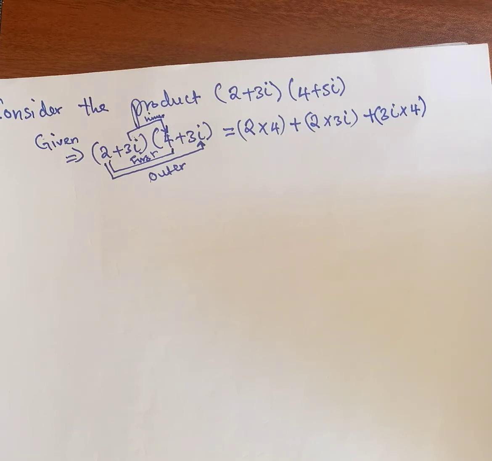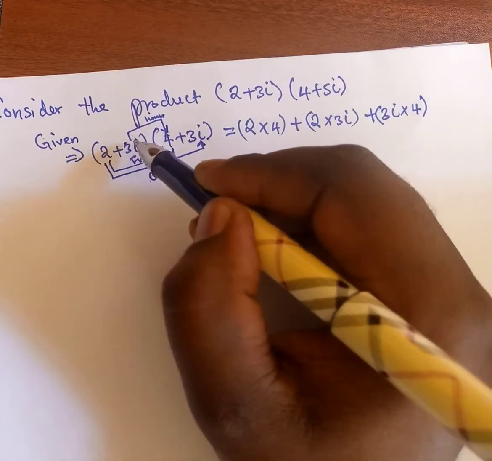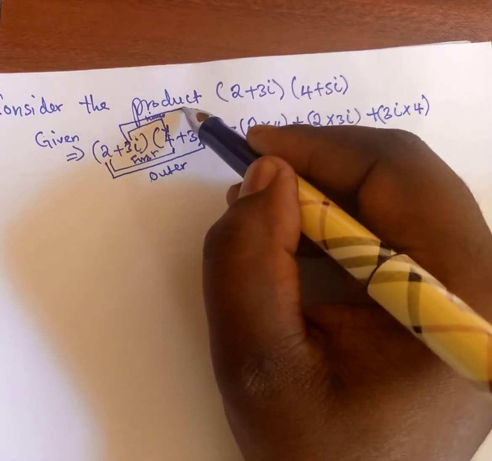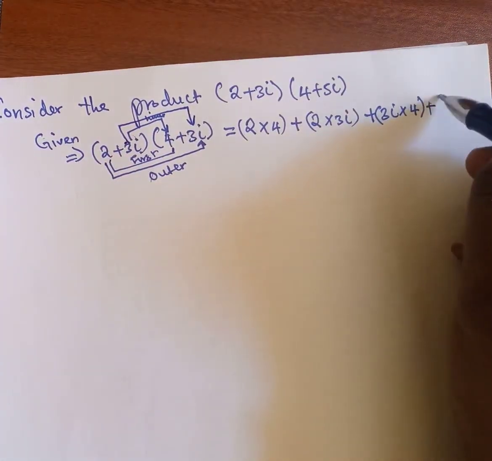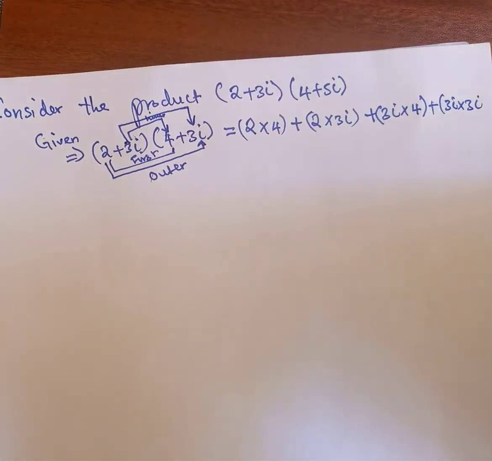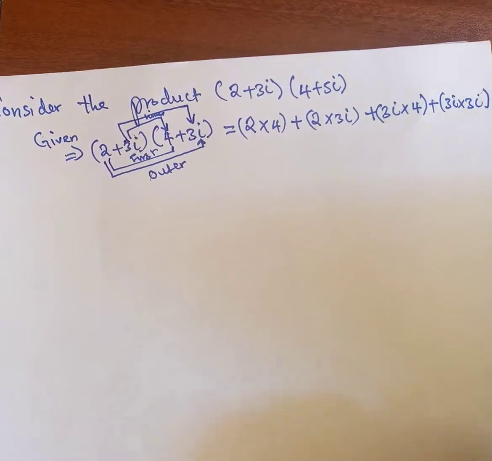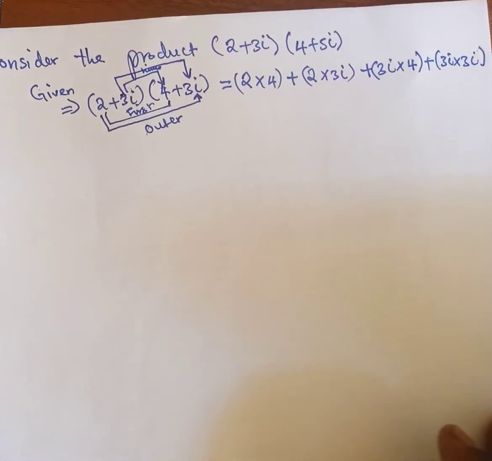And then the last is where you multiply the last terms. In the first complex number, 3i is the last, and in the second complex number, 3i is the last. So I'll have plus 3i times 3i, and that will simplify to some form.